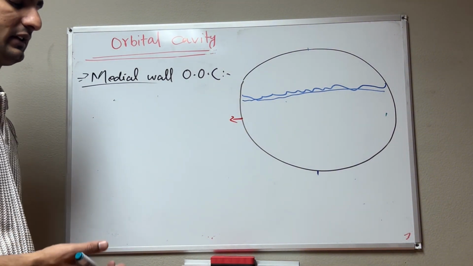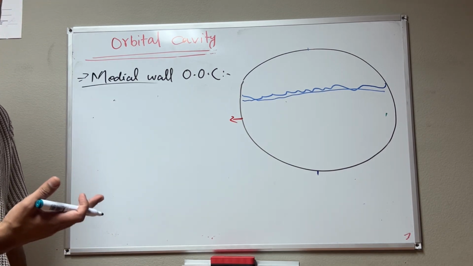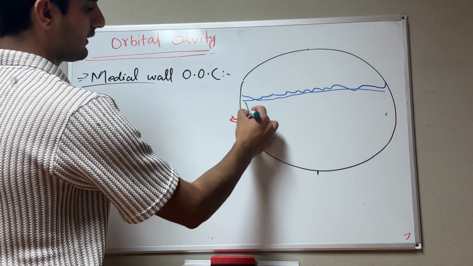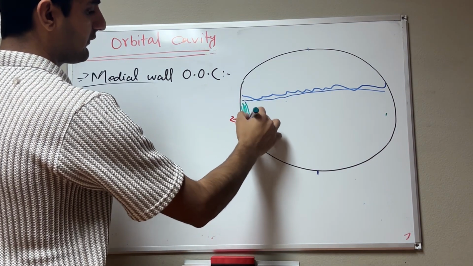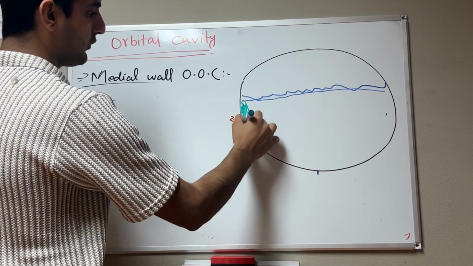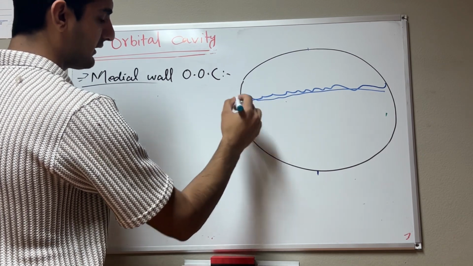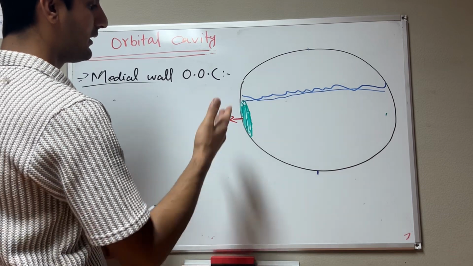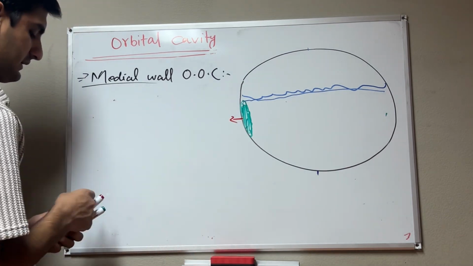When we discussed the facial bones, the maxilla bone, there we have the frontal process of the maxilla bone. Okay, the frontal process of the maxilla bone takes part in the medial wall of the orbital cavity.